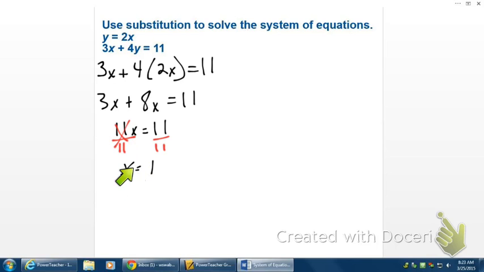Substitute the x with 1. Yeah, if this is x equals 1, well, now we know the value of x. So probably the easiest one is just use this first equation, and you could substitute for x. We got 1. Plug in 1. That just gives me 2. You see that, Destiny? And your answer or solution would be 1, 2.